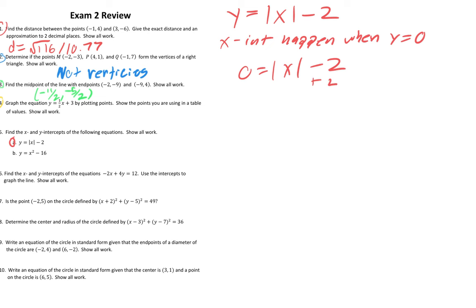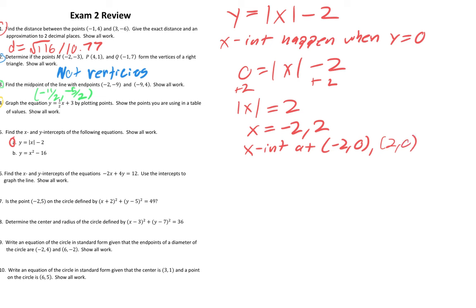So add 2 on both sides. So the absolute value of x is equal to 2. So that means that x needs to be -2 or +2 for our x-intercept. So that means we have an x-intercept at (-2, 0) and (2, 0).